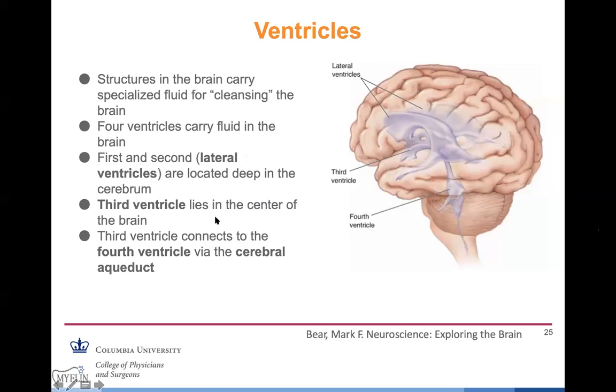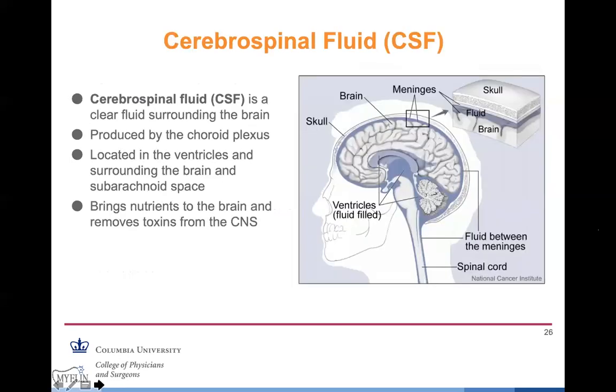And the next slide shows how it's made in an area called the choroid plexus, and how this fluid bathes the entire brain. You can see all this blue color is the fluid as it's traveling all around the brain, bathing the brain and cleansing the brain, and also providing nutrients to the brain and removing toxins from the brain.